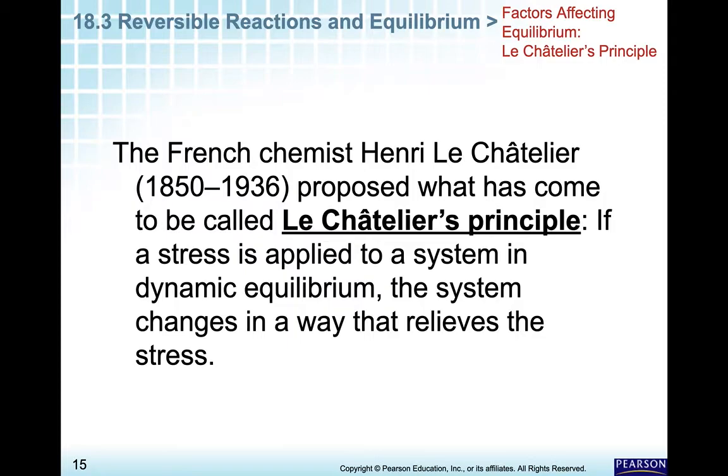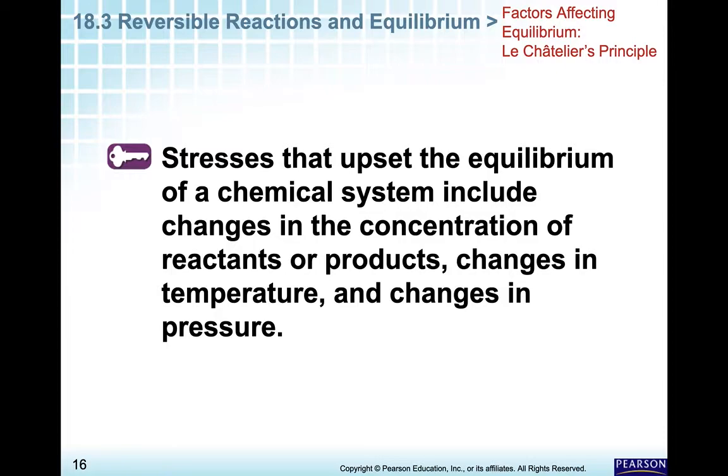It's going to try to undo or mitigate that change. A stress that upsets the equilibrium of a chemical system can include a change in the concentration of a reactant or a product, a change in temperature, or a change in pressure. And we're going to talk about these three possibilities.